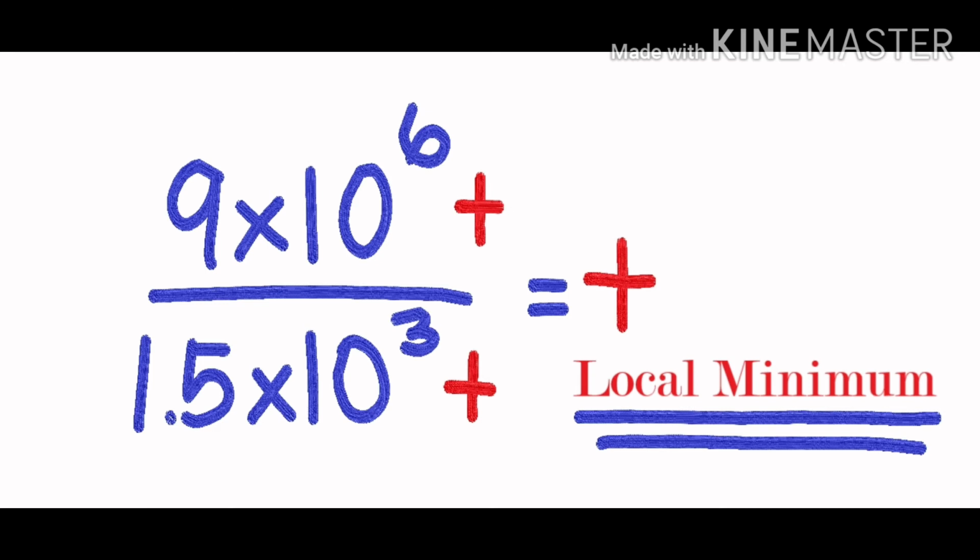In dividing positive over positive, we will get a positive number. In the second derivative test, if we get a positive result, we have a local minimum at x equals 1.5 x 10 raised to 3. The second derivative test confirmed that our value of x does indeed minimize the cost of the fence.